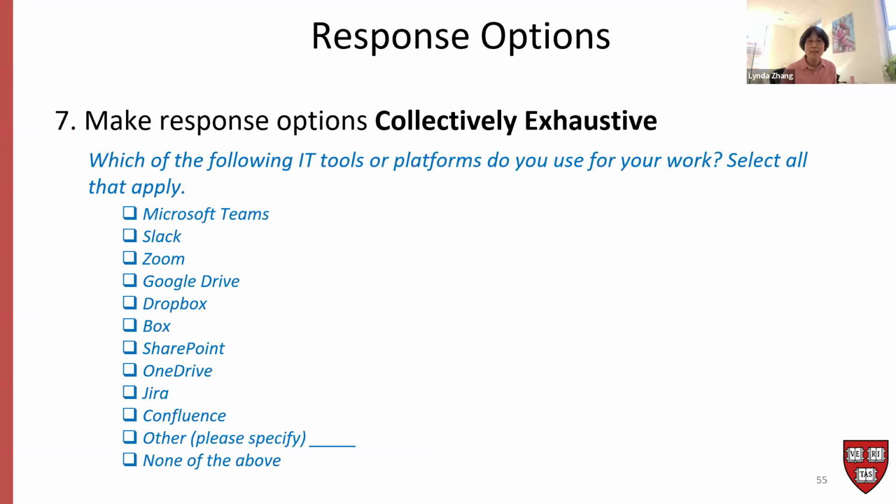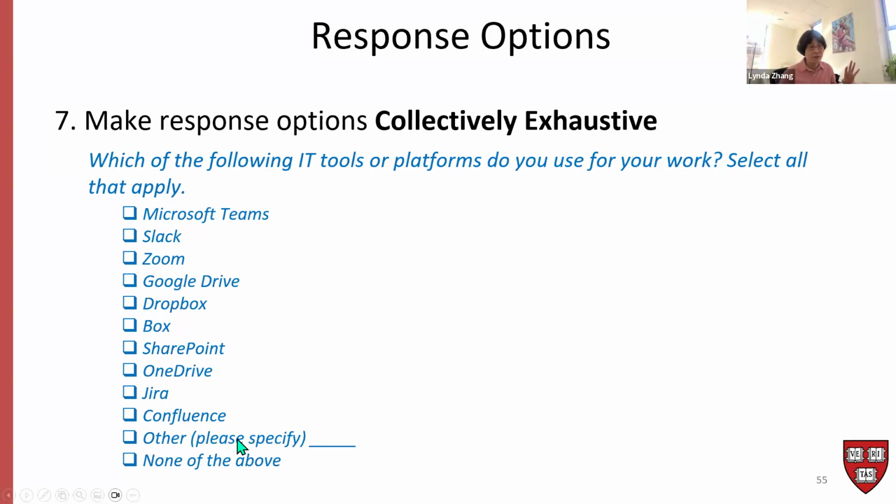And the last is about keeping your survey options collectively exhaustive, which means everyone would have some box to check. So you want to cover all possible answers in your list. If you just list all the way through here, Confluence, you may not be inclusive of all the possible choices.